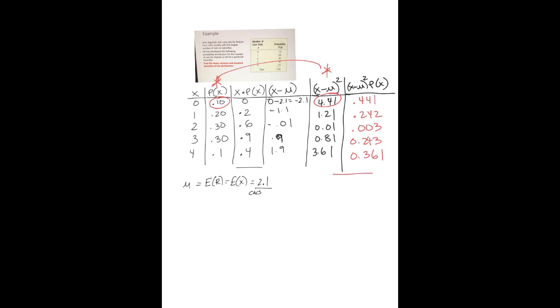Okay, so now finally, in order to get the variance, we just sum this column and we get 1.29. The standard deviation is simply the square root of 1.29, which equals 1.14 approximately.